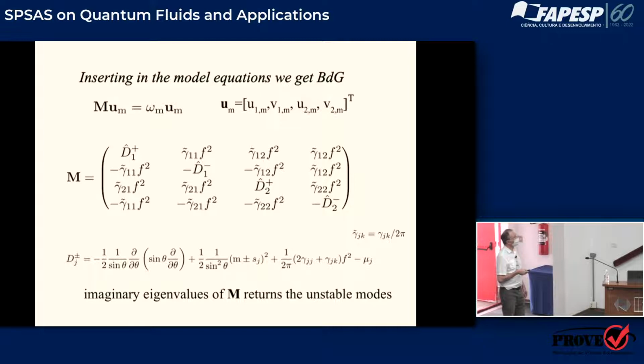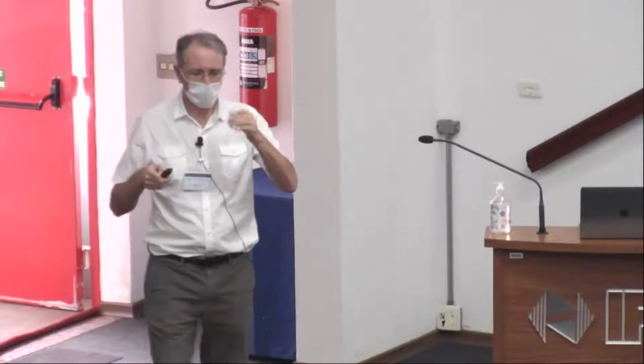The eigenvalues are these frequencies. Whenever a frequency is imaginary, the system is unstable. It corresponds to when you have a harmonic trap with negative or imaginary frequency, which is an unstable case. Imagine you have a mountain and you put a ball on top. Any perturbation can make this ball go off.